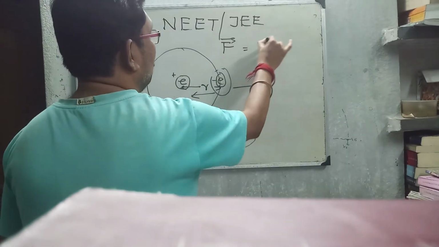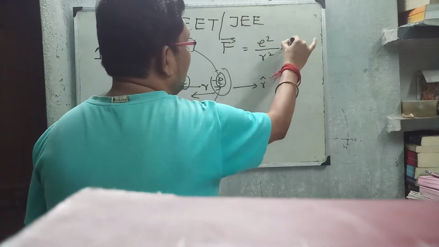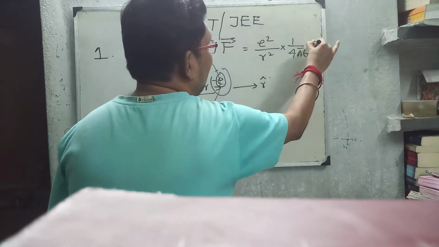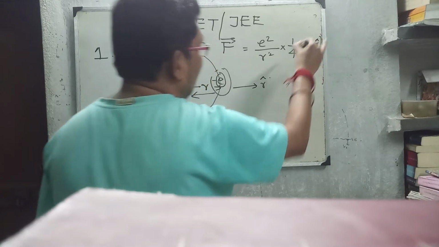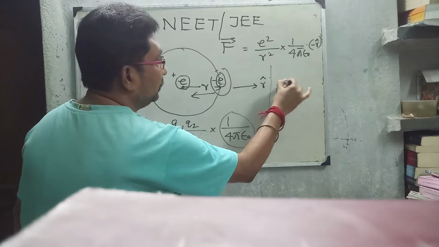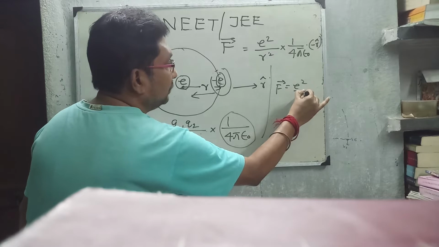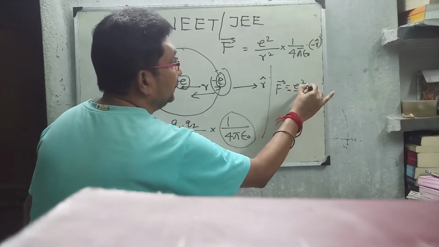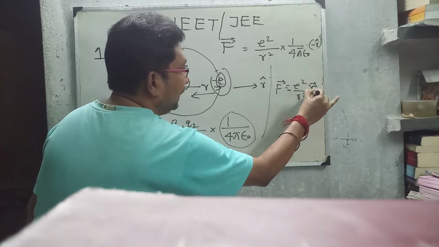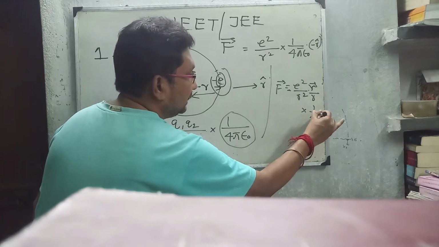So e square by r square into 1 by 4 pi epsilon 0 into minus r cap, that is opposite to r cap. That is, F vector equals e square by r square, taking minus outside, minus into r cap, and r cap means r vector by r, into 1 by 4 pi epsilon 0.